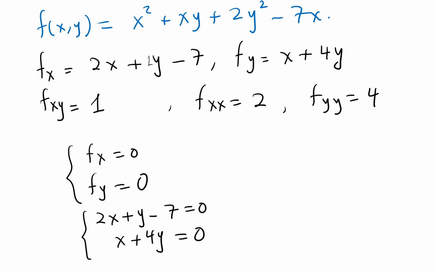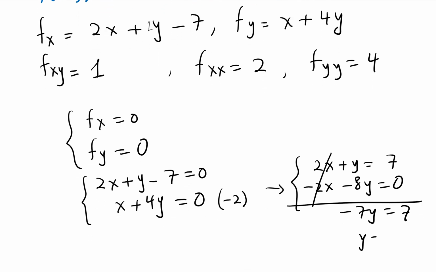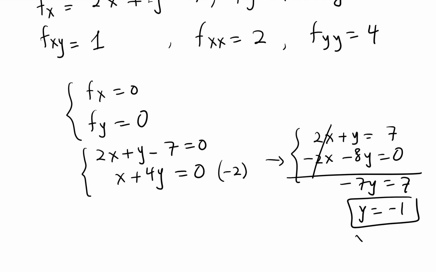I'm sure everyone knows how to solve this. You can multiply the second equation by -2 to use the elimination method, and add 7 to both sides of the first equation. So -2x minus 8y equals 0. Add them up: -7y is 7, so y is -1. We got y. If you substitute it in, x is going to be 4.